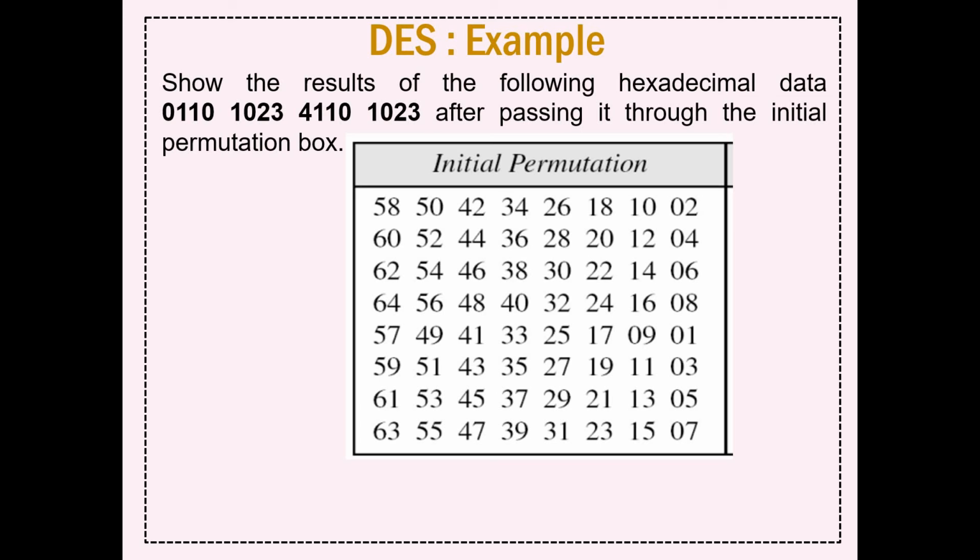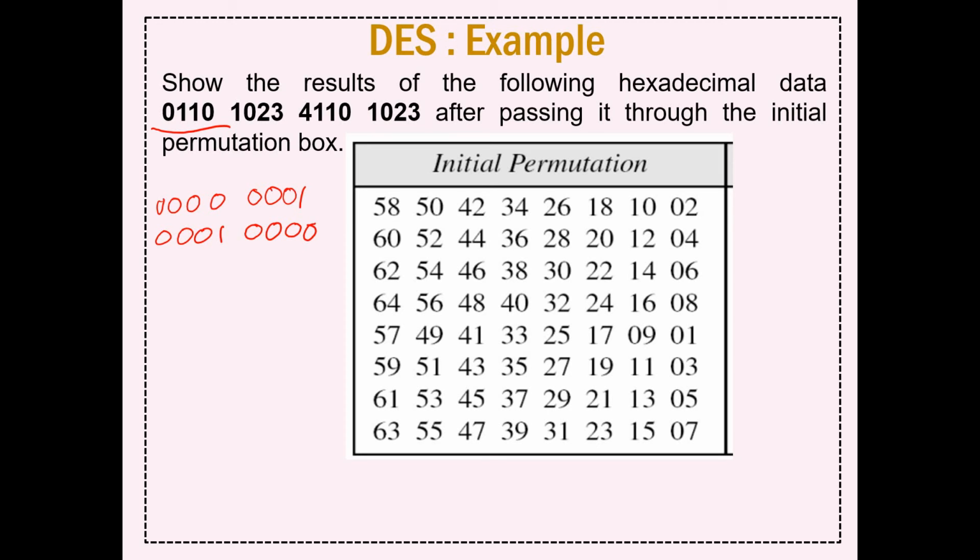Tell me first, after you have done the conversion, what is the nature of the data you are getting? That's the binary number I'm talking about. It will come something like this, you have to go on. This is for 0110, the first 4 that you're looking at.